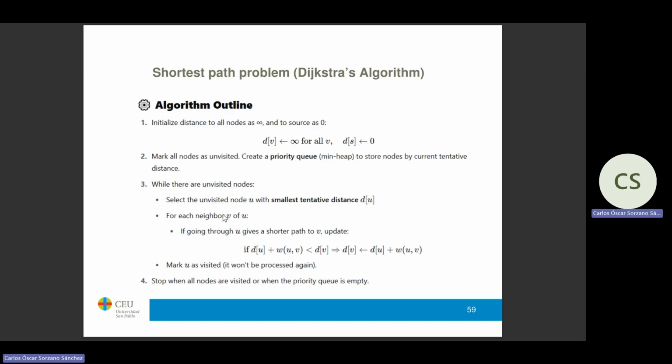Then for each neighbor B of U, if going through U gives a shorter path to B, you update it. That is, if D plus the weight between U and B is smaller than D of B, then you update D. Then you mark U as visited, so that you will not process it again, and you iterate until all nodes have been visited.